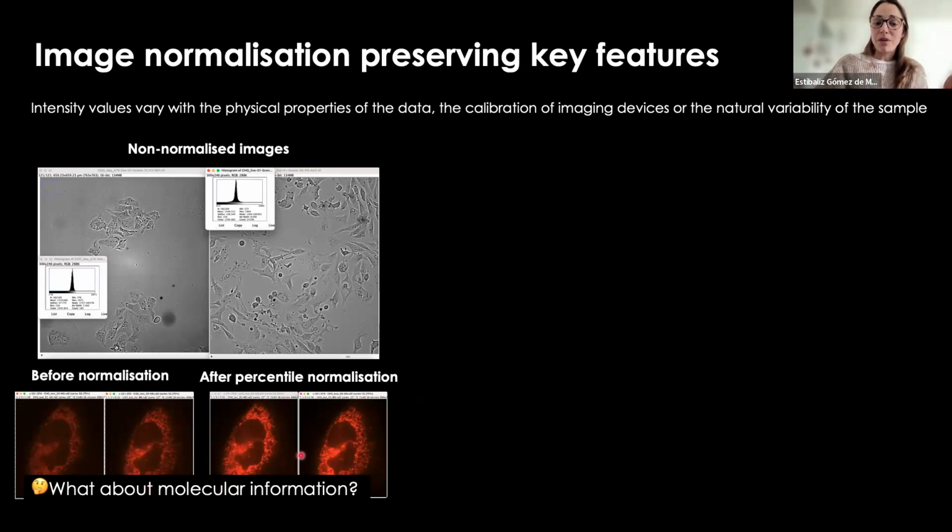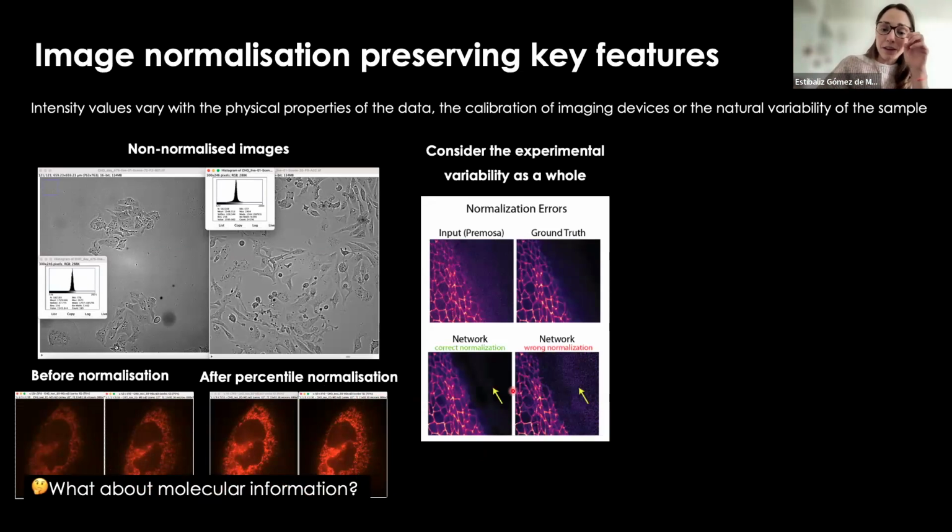So what if I want to recover the molecular information? We can even go one step further, and this was shown in Martin Weigert's work in CARE. If you don't take care of the normalization in the input and the output, and you don't account for this background, your results might badly express what you have in your sample and may, for example, enhance the signal in the background and so on.